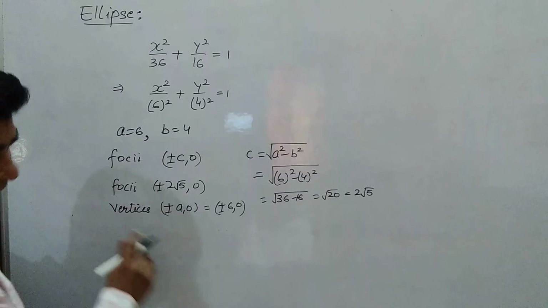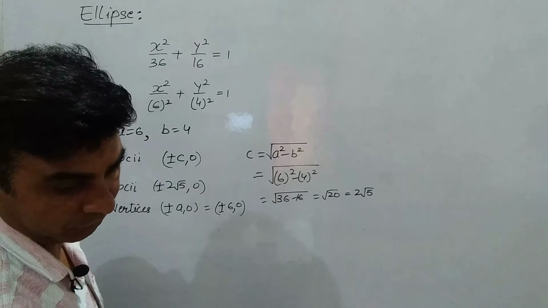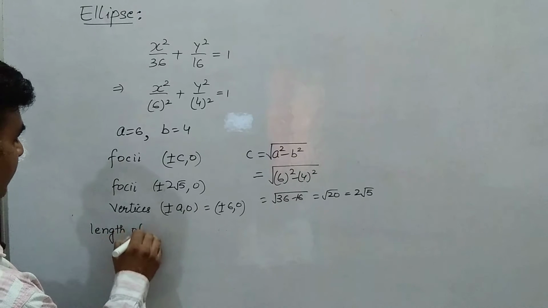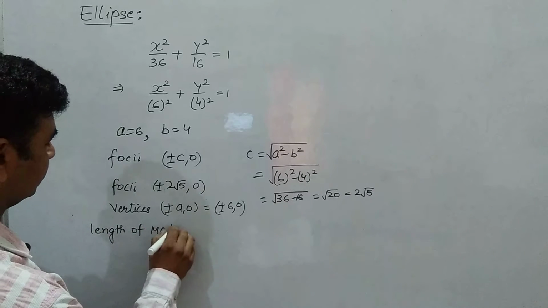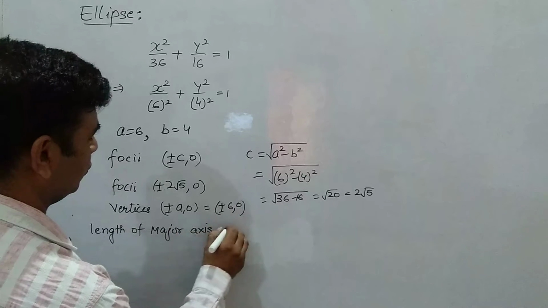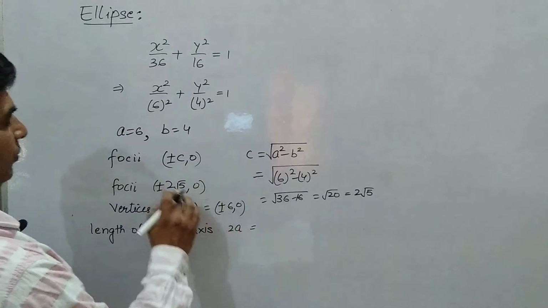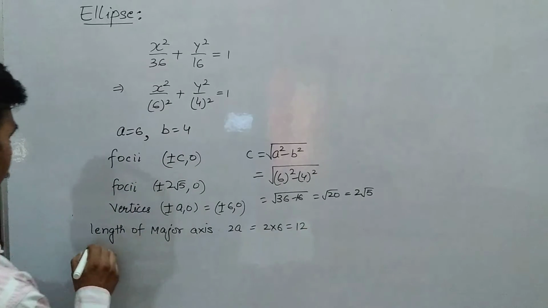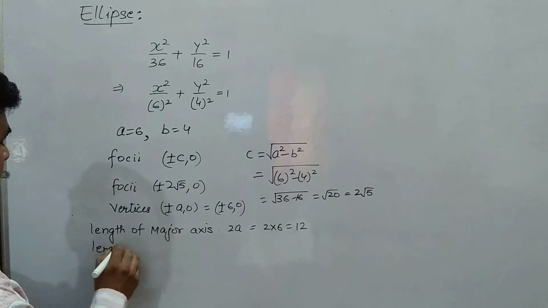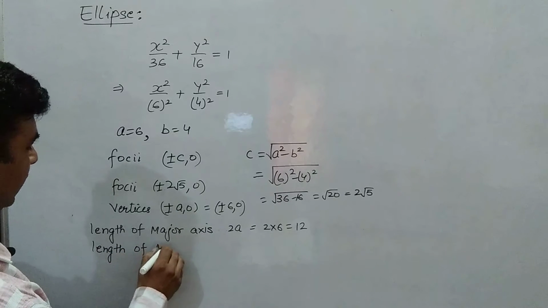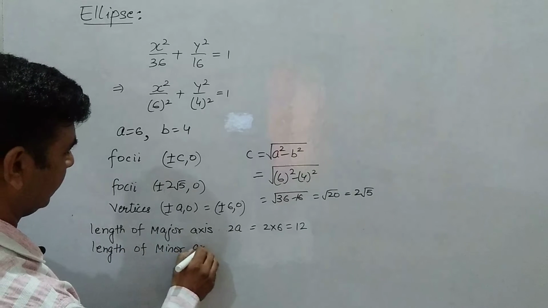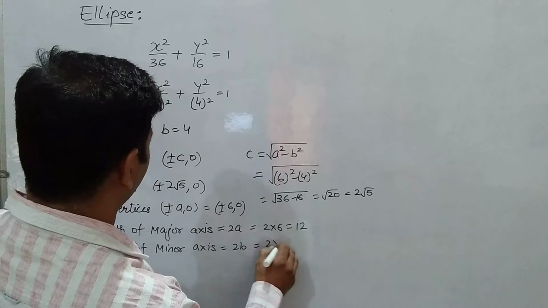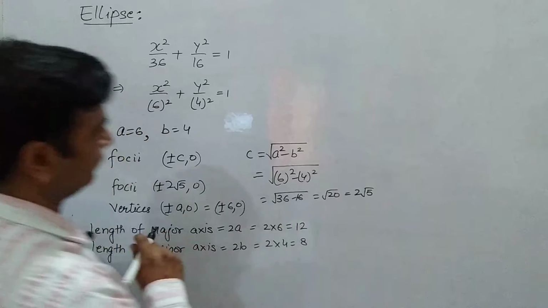Then we need to find the length of the major axis. The length of the major axis is 2a, and the value of a is 6, so 2 into 6 is 12. What about the length of the minor axis? This is given by 2b, and 2 into b, where b is 4, is 8.